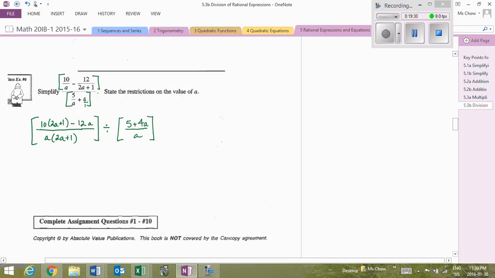So let's clean up the fraction on the left first. So we've got then 10 times 2a plus 1. And why do I need to multiply that in? Because I need to be able to combine that with that minus 12a, so that it's one single binomial. So then we've got 20a plus 10 minus 12a all over a times 2a plus 1.